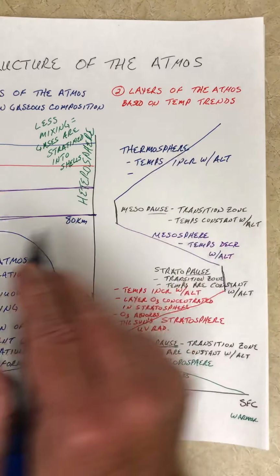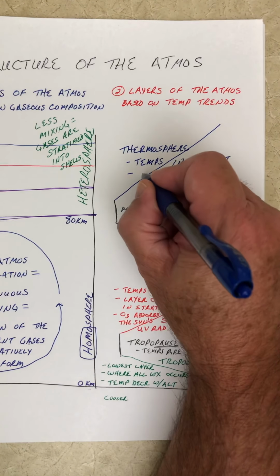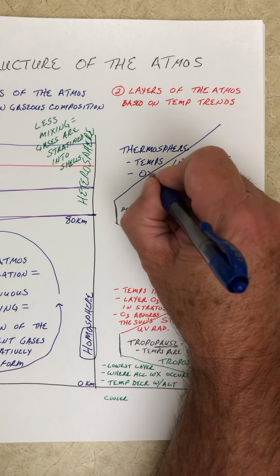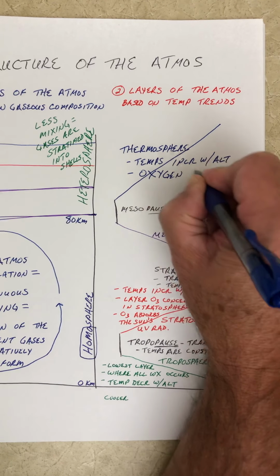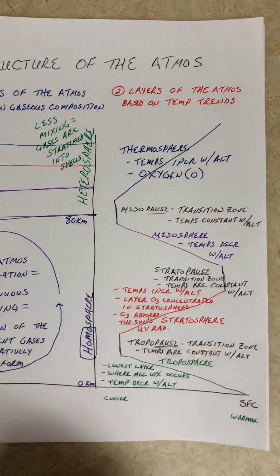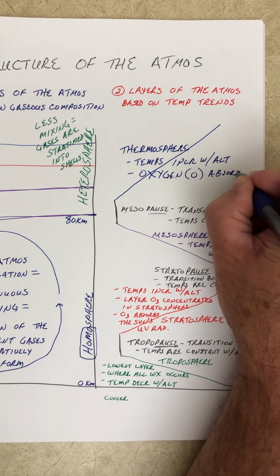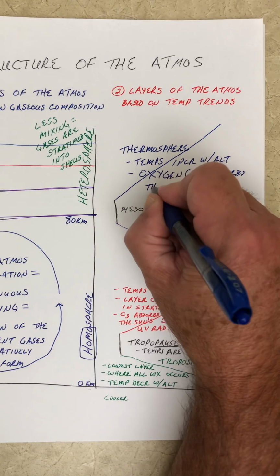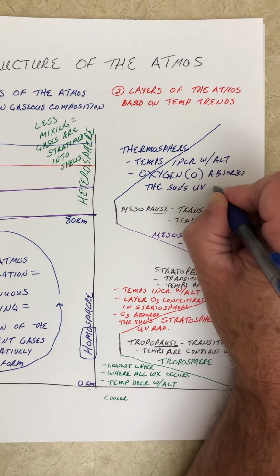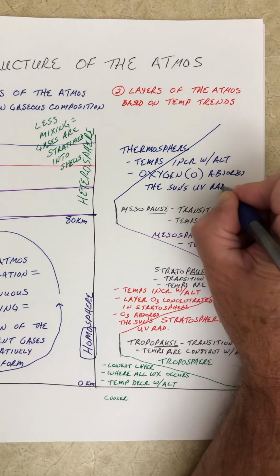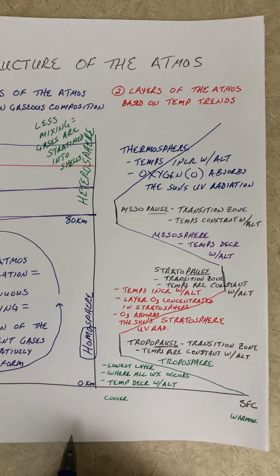In the thermosphere, remember we've got this layer of oxygen. So in this particular layer, oxygen, just O, also absorbs the sun's ultraviolet radiation. So as a result, any object that absorbs any form of radiation is going to warm up.